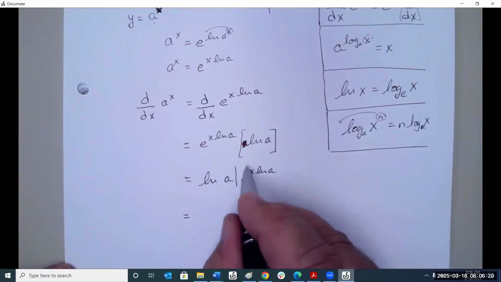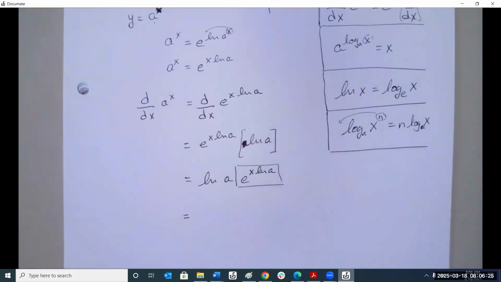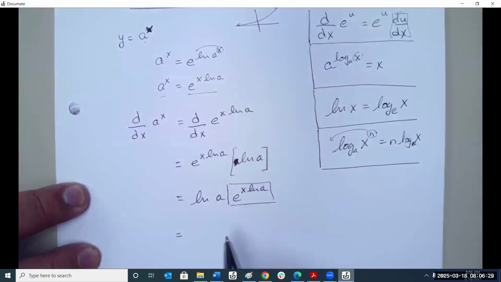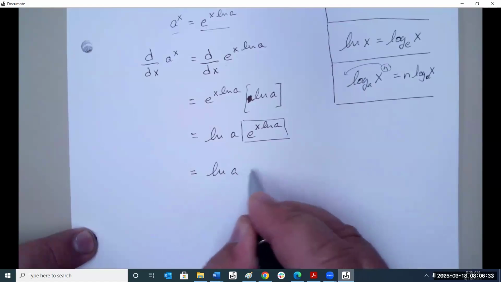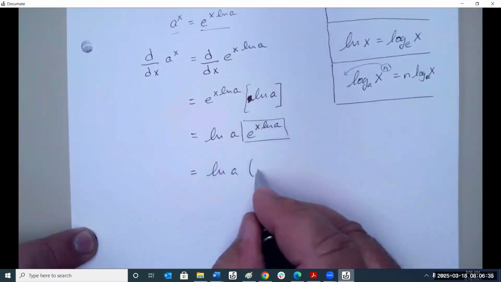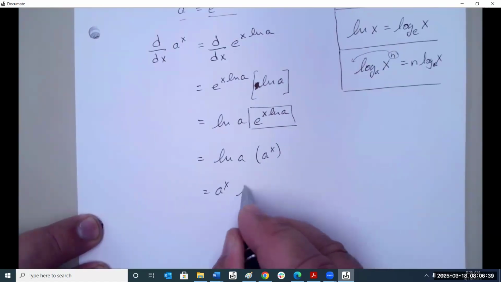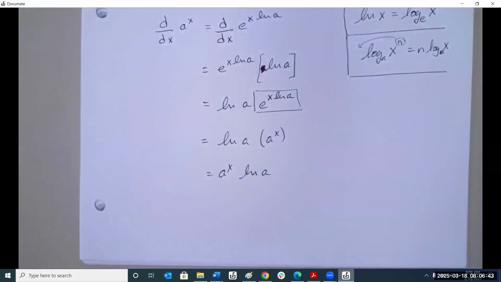Well, we know what e to the power x ln a is. We did that conversion up here. That equals that. So what we have here is ln a times a to the power x, or you can write a to the power x ln a. That's the derivative of a to the power x.